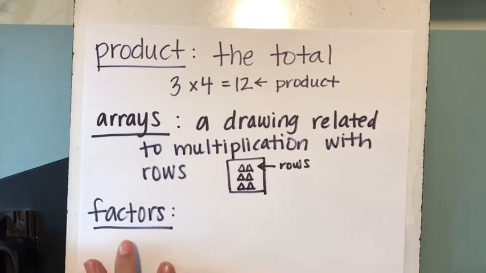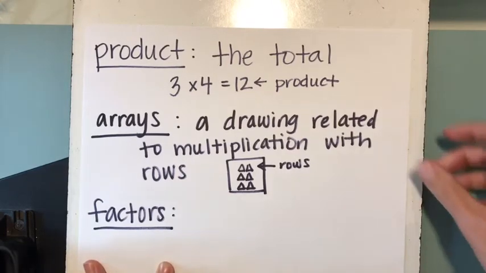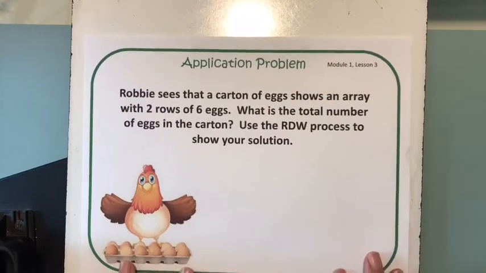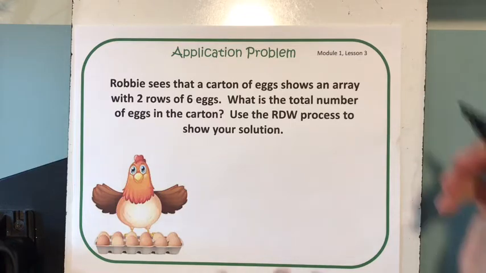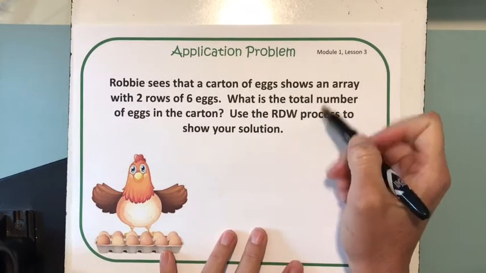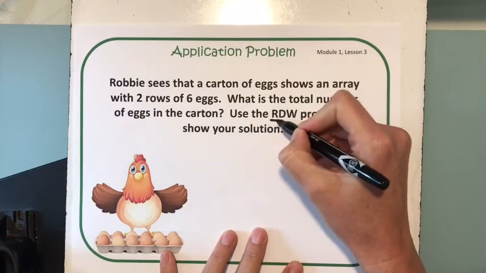And then today we're going to learn our new term, factors. So by the end of this lesson, you will understand what factors means in multiplication. Before we dive in to our lesson, we are going to complete our application problem. All right, let me get my pen. Here we go. So remember, when we do an application problem, we use RDW.